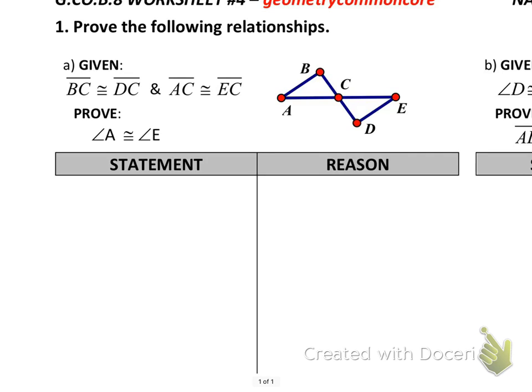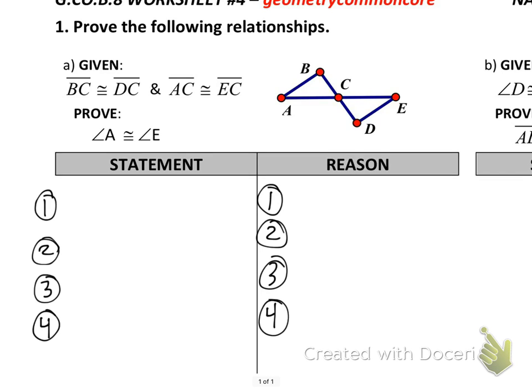As far as this kind of proof goes, it is still going to basically be a triangle congruence proof with one extra little bit added on at the end. I already have it numbered on your handout, but this does have 4 lines. So I'll go ahead and number mine. We can always get this started the way that we are familiar with, and that is to write down our givens.